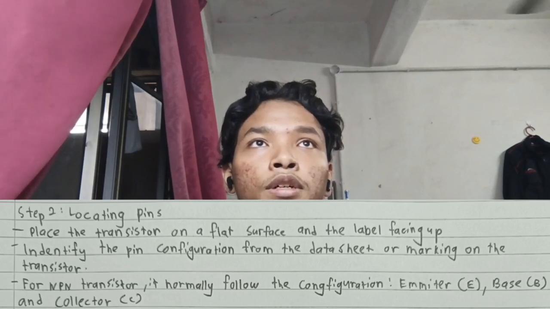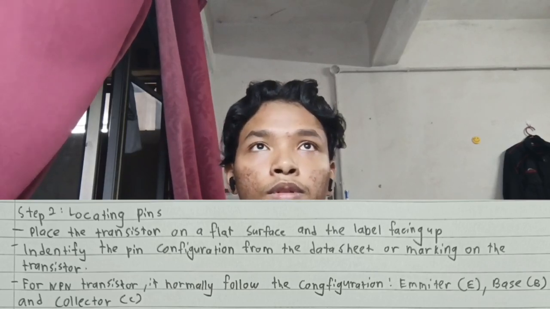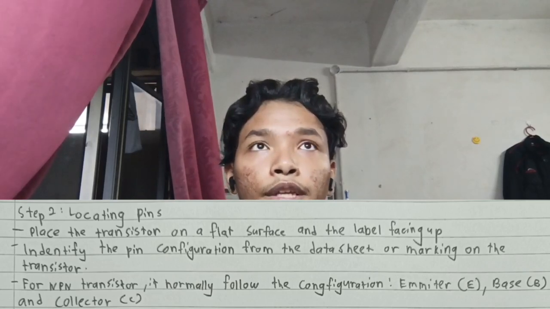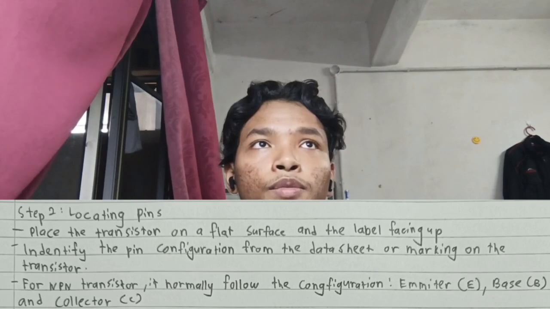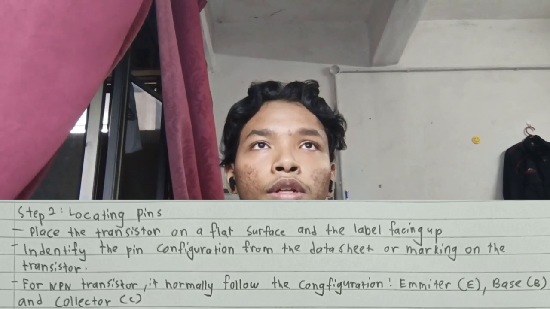Place the transistor on a flat surface with the label facing out. Identify the pin configuration from the data sheet or marking on the transistor. For an NPN transistor, it normally follows the configuration emitter, base and collector.